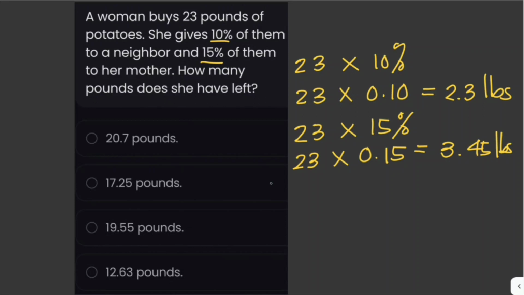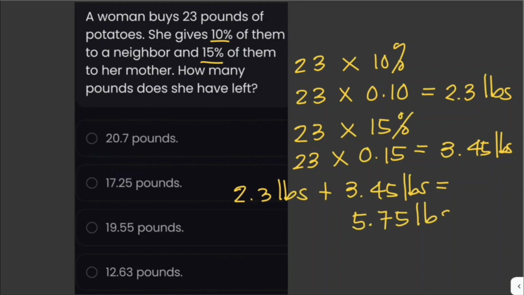So that would be 2.3 pounds plus 3.45 pounds, and this is just equal to 5.75 pounds. So this one, the 5.75 here, is the total number of pounds of potatoes the woman gave away.